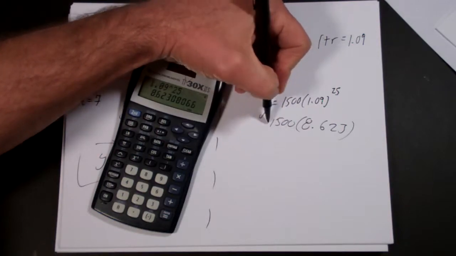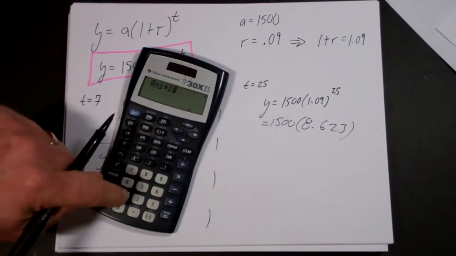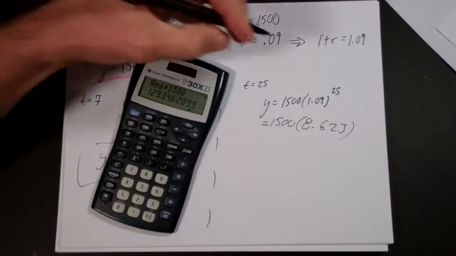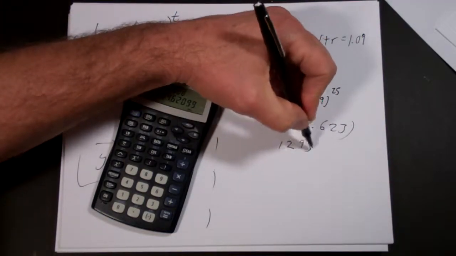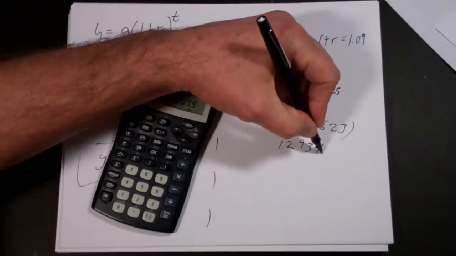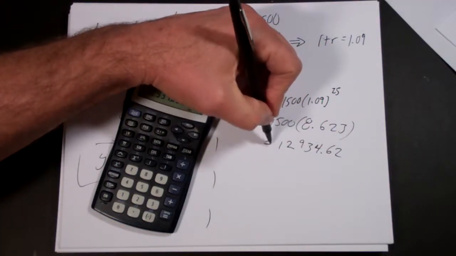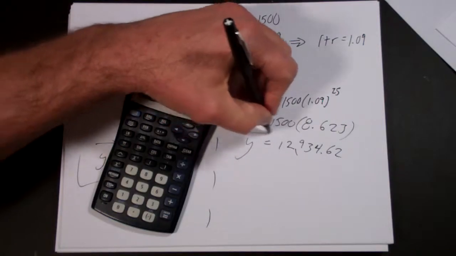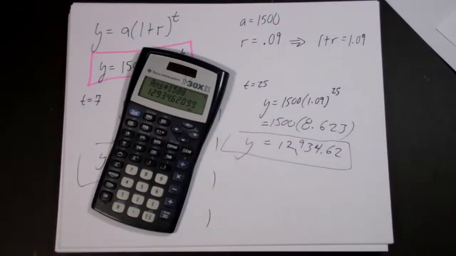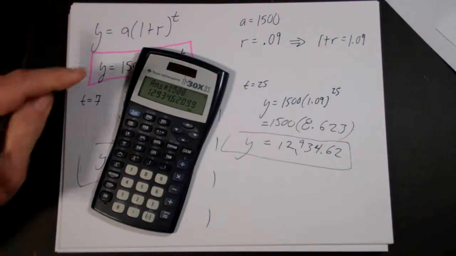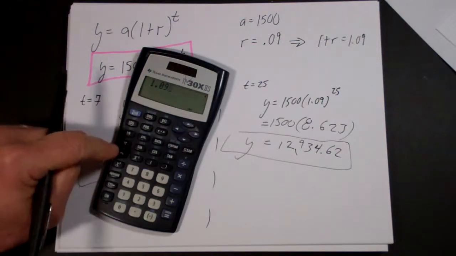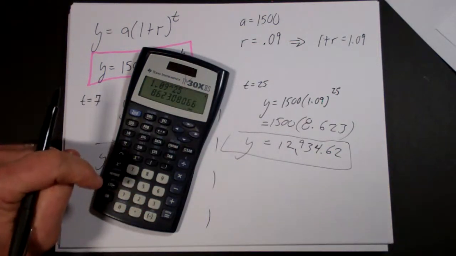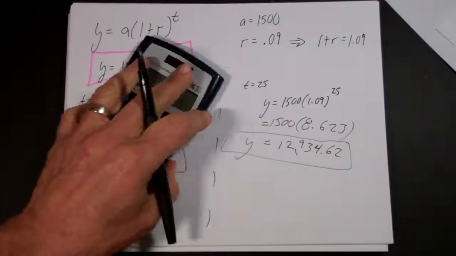And you're going to multiply that by 1500, and you get about $12,934.62. And that's how you do word problems.